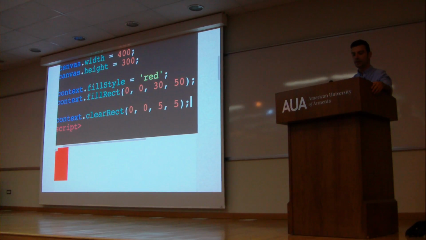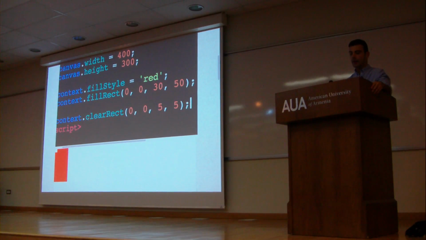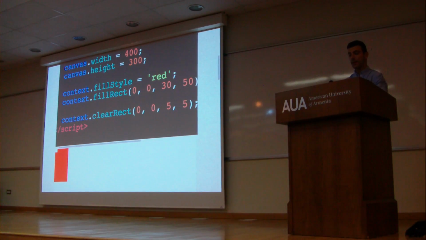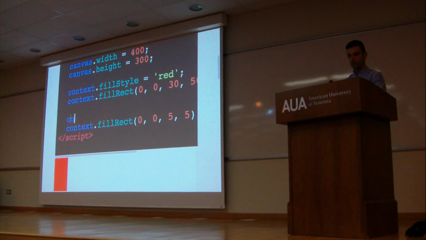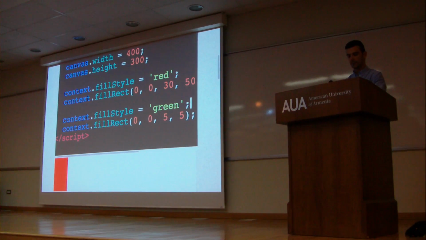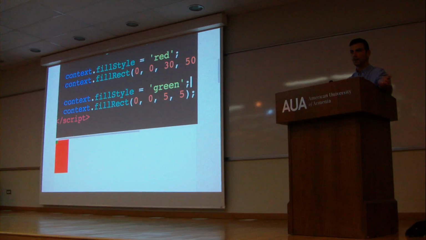So I cleared out this area right here, like I cleared out this rectangle. Cool. I could also have just simply drawn in another rectangle. I could have done fillRect, but obviously with a different color, context.fillStyle green. There you go. And you kind of get a similar result.